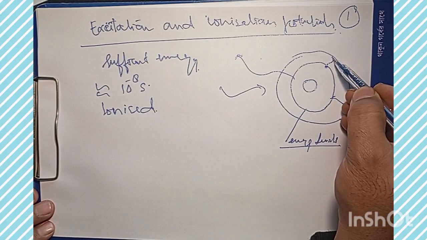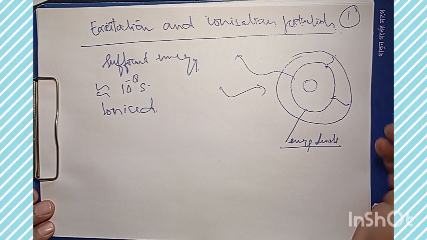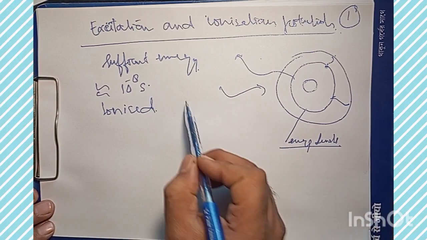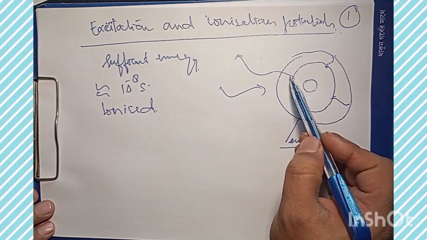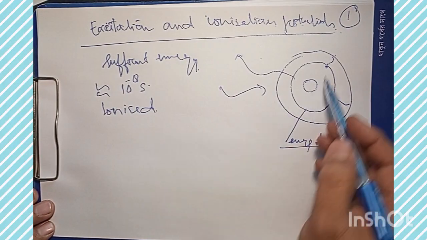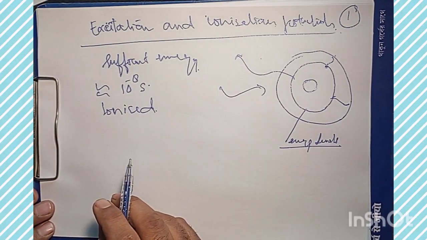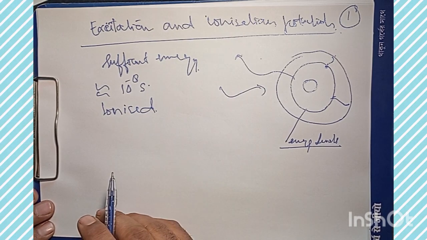So in a transition from a higher energy level to a lower one, you will have electromagnetic radiation. But if you give sufficient energy to this electron so that it completely leaves the atom, we say that this atom is ionized. That's for sure.